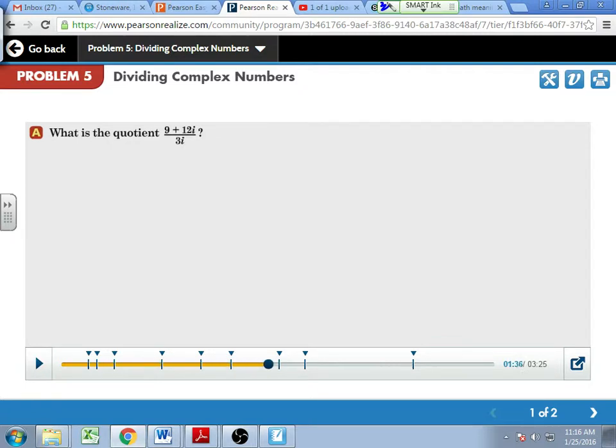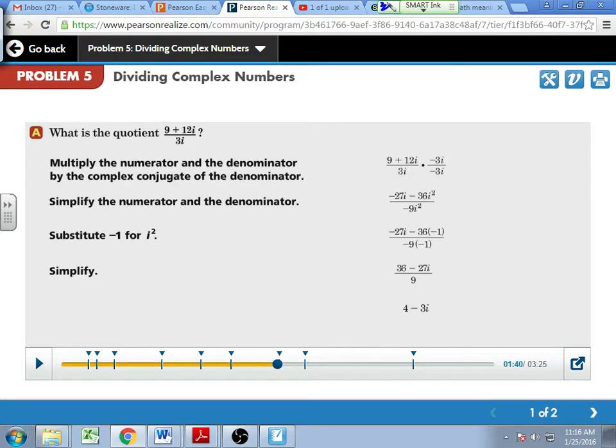So, my first one here, what I want to do, and if I was you, I would highlight or underline or write in, we multiply by 1. But my 1 can be anything, because as long as I do the same thing on top and bottom, I haven't actually done anything.